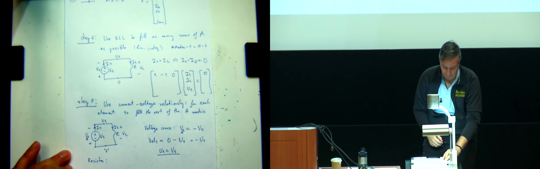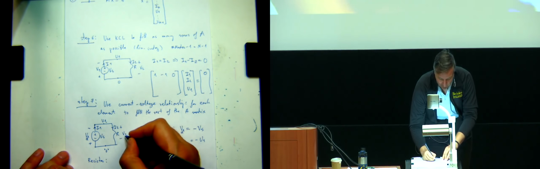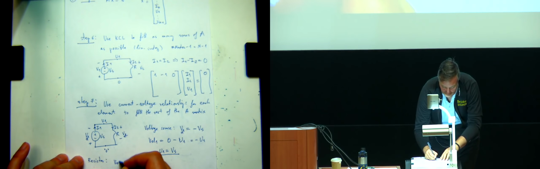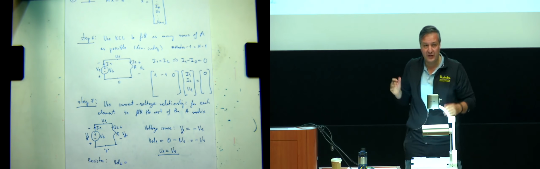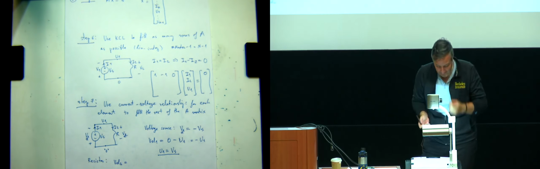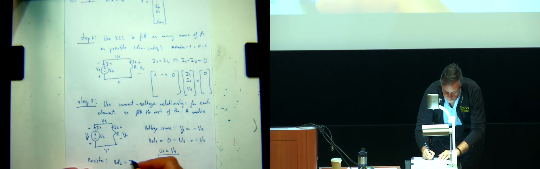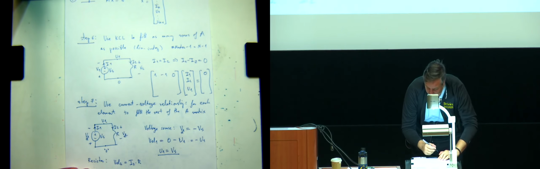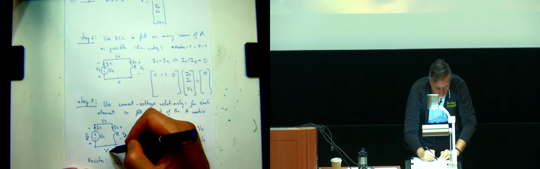For the resistor, what do you get? So let's call this element 2. I get that V element 2 equals, it's just a definition, I2 times R. I2 is the element current times R. V element 2 is also U1 minus 0.